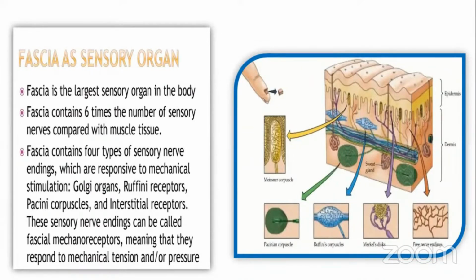Jadi ada 4 yang paling penting. Kemudian fascia is the largest sensory di sepanjang tubuh kita. Tadi saya sudah tanyakan bahwa umumnya mereka itu ada di bagian dermis.